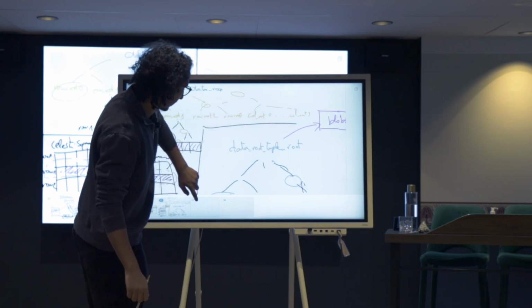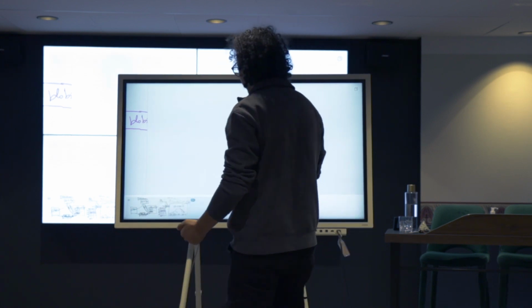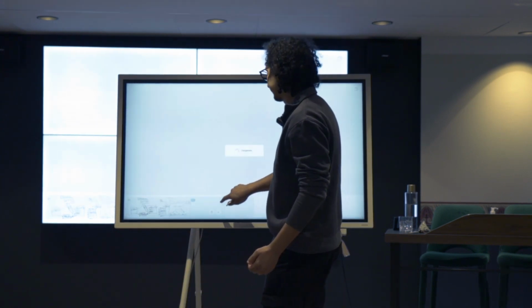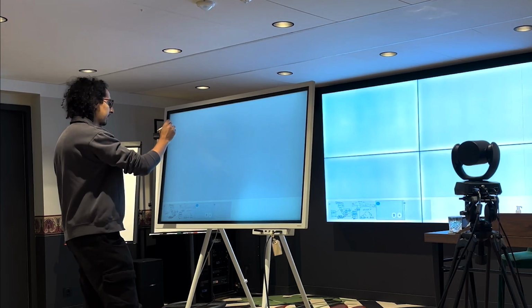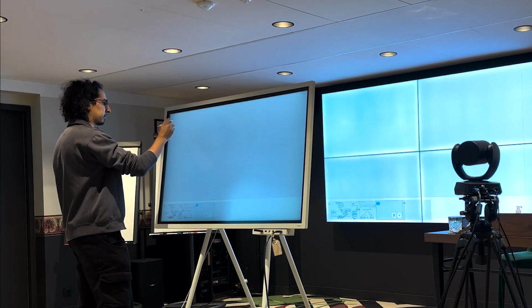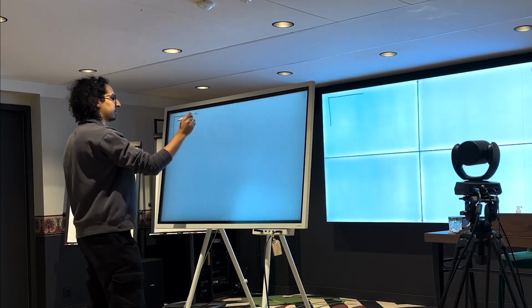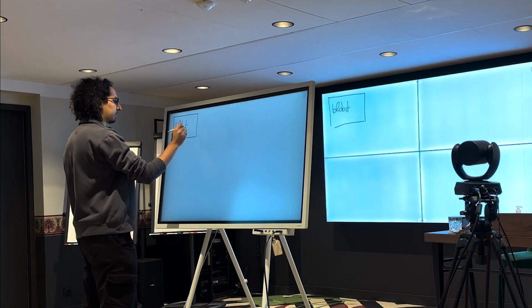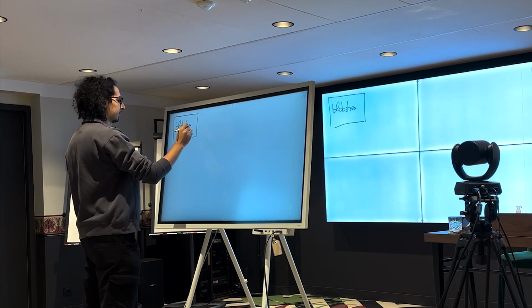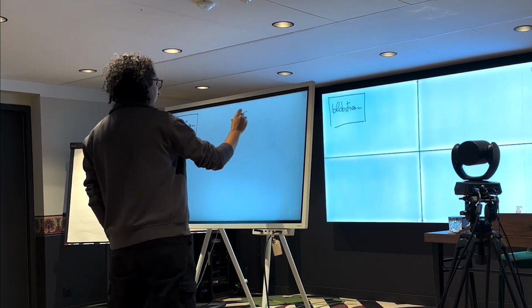And now we can see how a rollup would use Blobstream to verify that its data was posted to Celestia. Okay, so we can have here, for example, our Blobstream, and we can assume we have our rollup contract here.